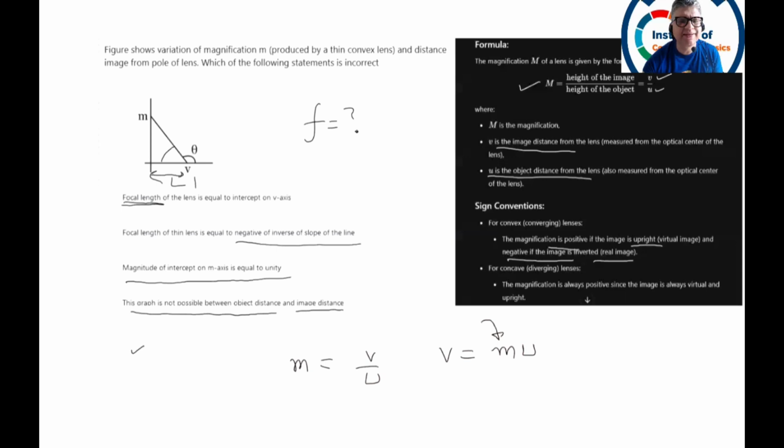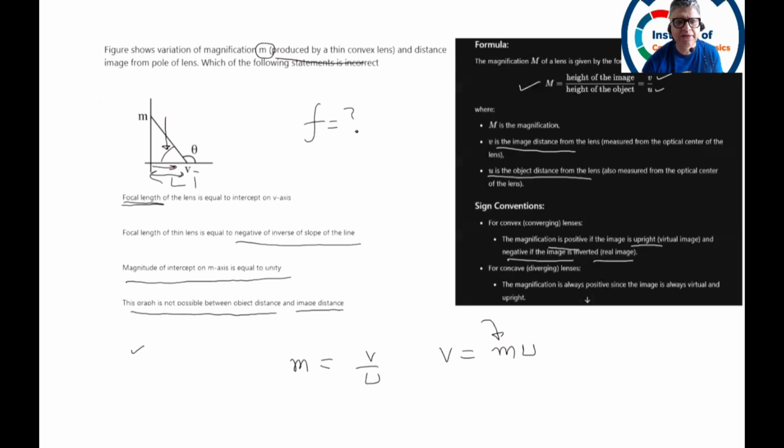So we are increasing the value of V and the value of M is coming down, right? So if it's a thin lens with some magnification, how does it link to focal length is the question, right?